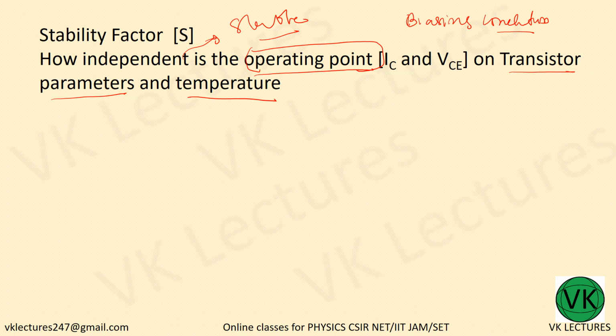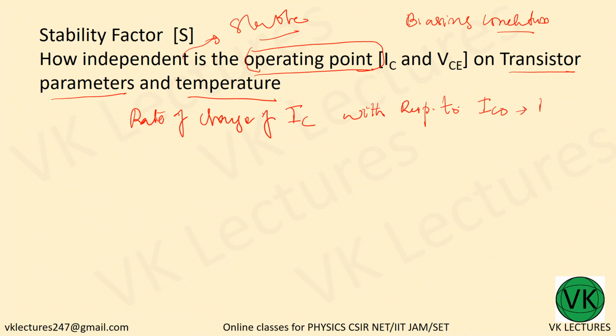Now, what is it actually telling me? It is the rate of change of IC, that means collector current, with respect to IC naught. IC naught is nothing but the reverse saturation current.